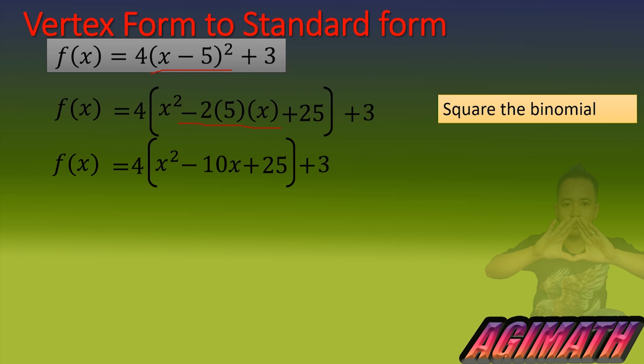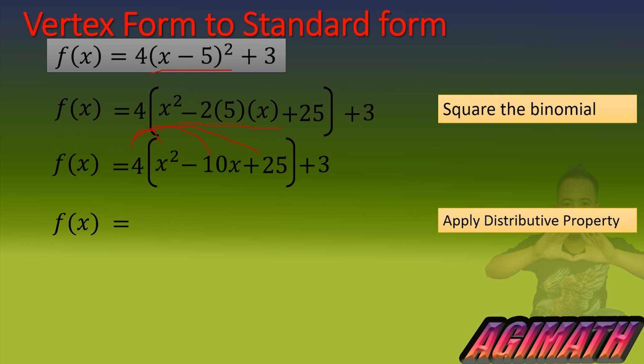After squaring the binomial, the next step is to apply the distributive property of multiplication over these terms. Since we have 4 on this part, we are going to apply the distributive property, meaning multiply, multiply, and multiply.